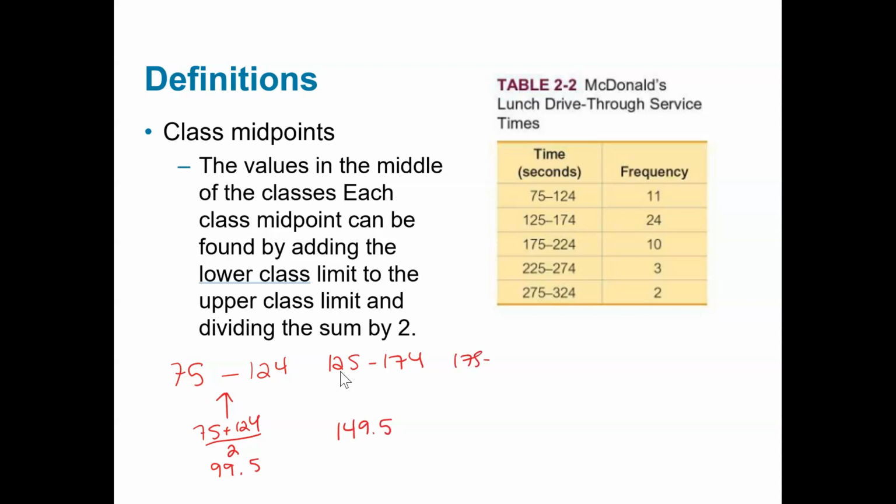And then for the next midpoint, it's totally fair game to just use the pattern or type it into your calculator. Oops, I'm just giving you the answers now, sorry. 225 plus 274 divided by 2 is going to give you 249.5. Now these are super important for our next section when it comes to graphing these. We're going to be using our midpoints. And that's how you find the class midpoints.